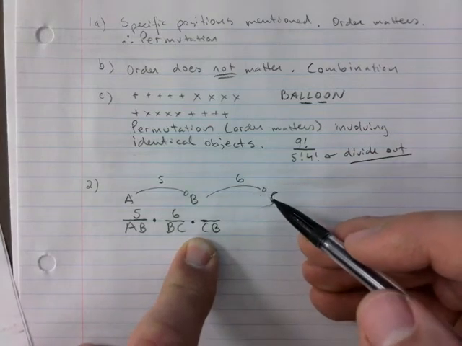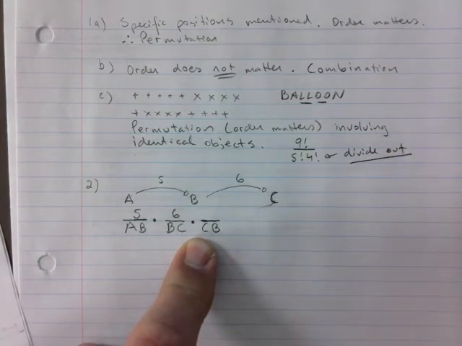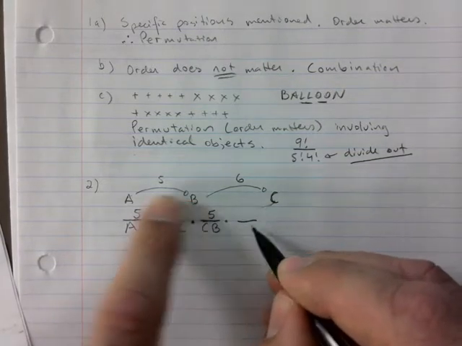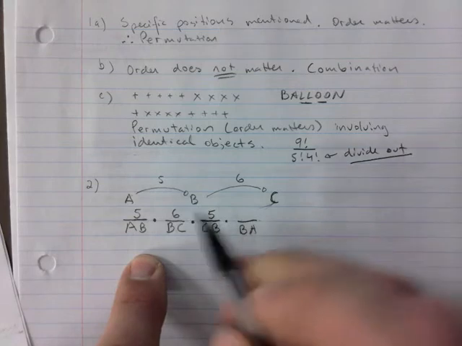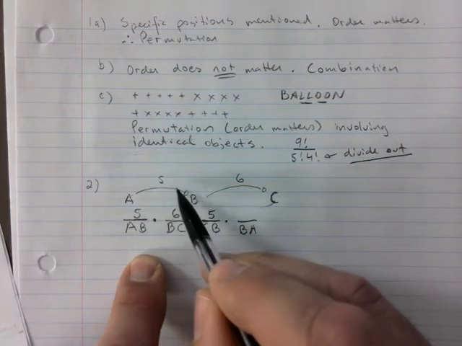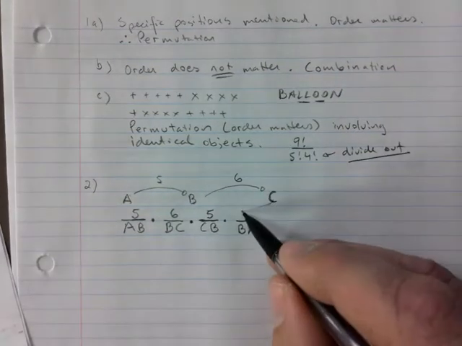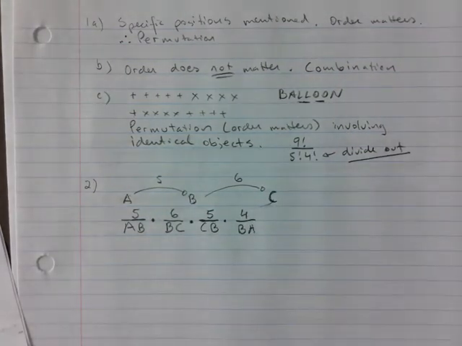Somebody said 5. Can't use the same road again, so you're back to 5. And from B to A, how many are left? You used to have 5, you used 1 already, so 4 on your way back. That's how you do a question like this if it ever shows up.